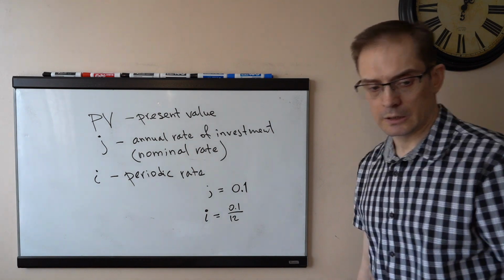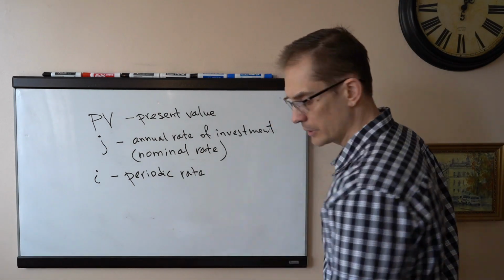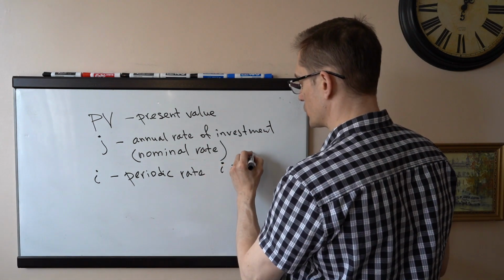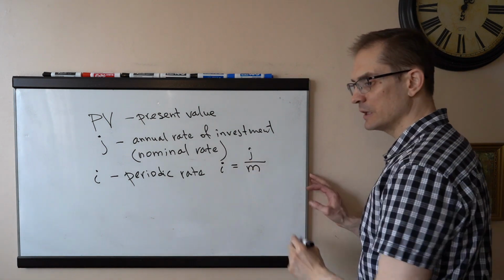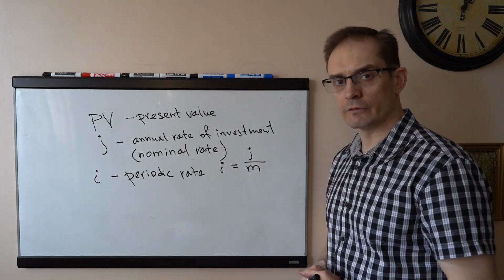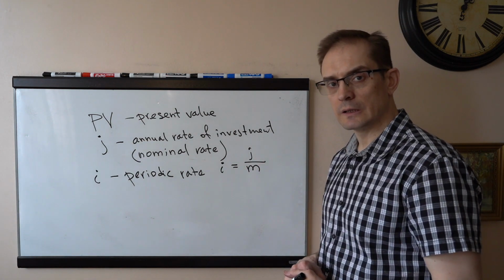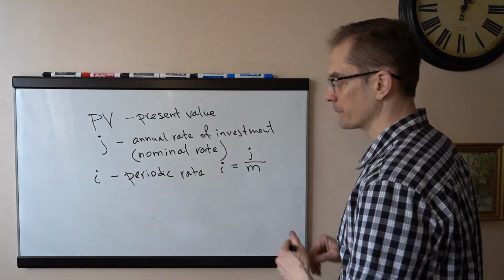Therefore, this periodic rate I can be written as J divided by M, where M is the number of reinvestment periods in a year.